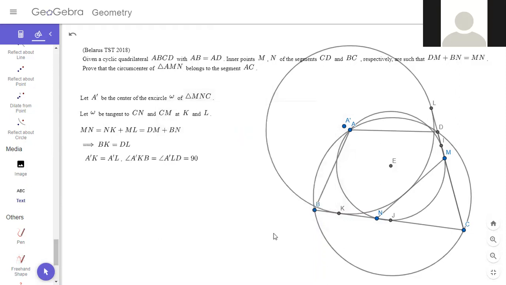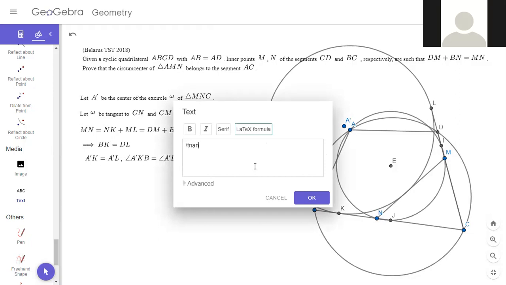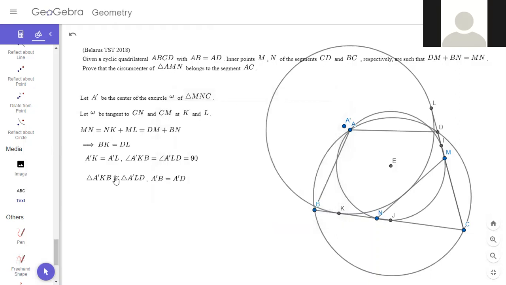And so that means that A prime KB is congruent to A prime LD, and A prime B is equal to A prime B. And then we also know that AB is equal to AB.